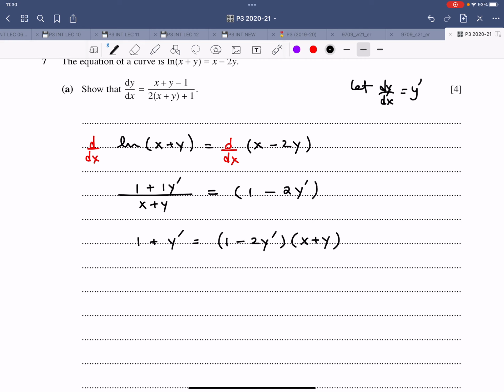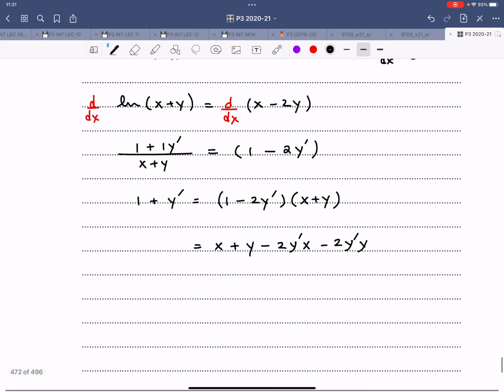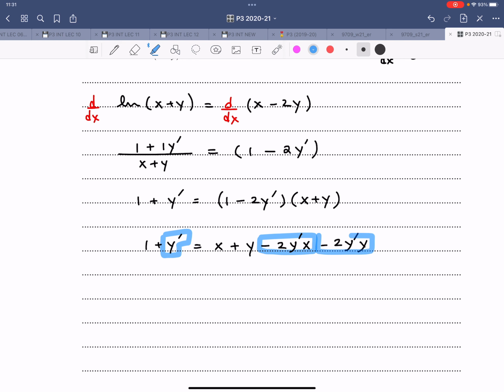So a little bit of algebra is an integral part of P3. That is x minus x plus y minus 2y prime x minus 2y prime into y, and this is 1 plus y prime. How many y prime terms do you see? I see one y prime term. This is the other y prime term. This is the other y prime term.